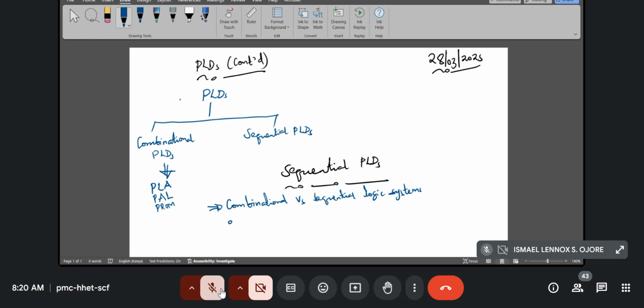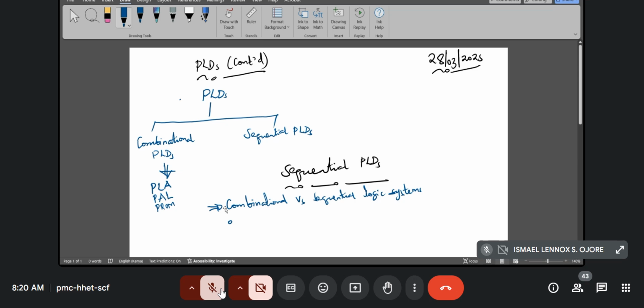In sequential, the output depends on the current inputs and previous outputs. Okay, who is that? Shabaki. Okay, thank you, Shabaki. That is correct.